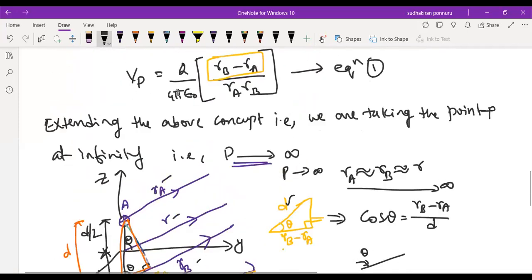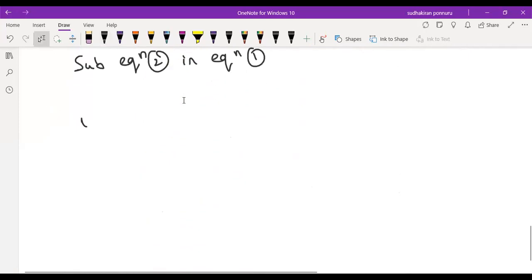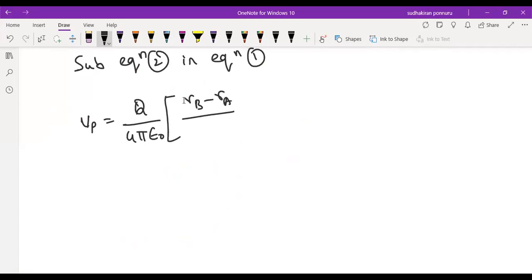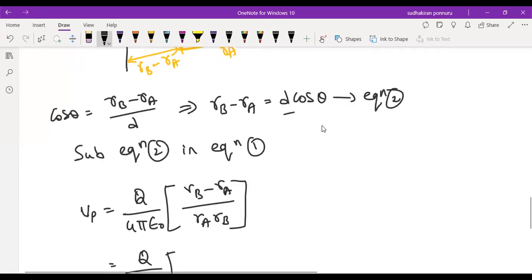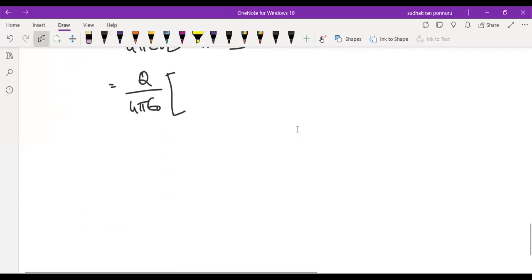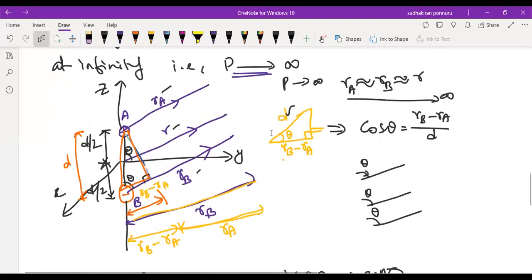What is our equation 1? Vp is equal to Q divided by 4 pi epsilon naught, RB minus RA divided by RA times RB. Now RB minus RA is D cos theta. So Vp is Q divided by 4 pi epsilon naught, D cos theta divided by, and here I have made an approximation.